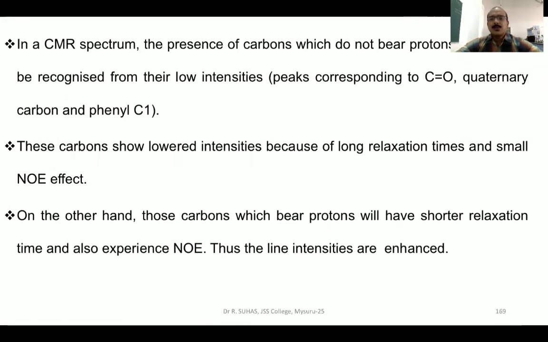These carbons show lowered intensities because of very long relaxation times, and they also show a very small NOE effect. Because of these two, the line intensities will be very small. So the smaller intensities could be due to carbonyl carbon, quaternary carbon or phenyl C1, that means any carbon which does not bear protons.